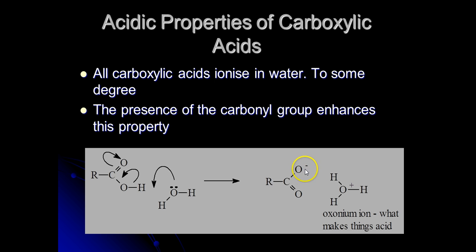So this is the bit that was the OH in the original carboxylic acid, and you will see this quite a lot with a carboxylic acid with an H plus missing, particularly if the carboxylic acid's in some kind of alkaline conditions. You can turn that back to your carboxylic acid really easily by just adding any acid you like, and it'll add an H plus on the end here.